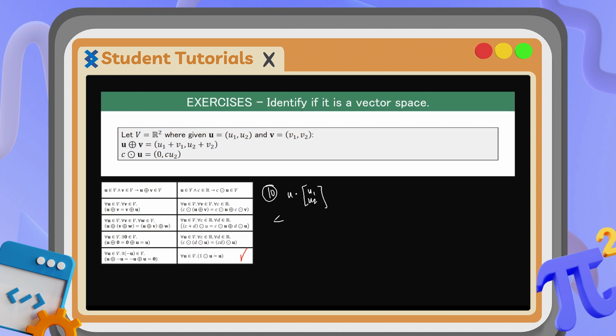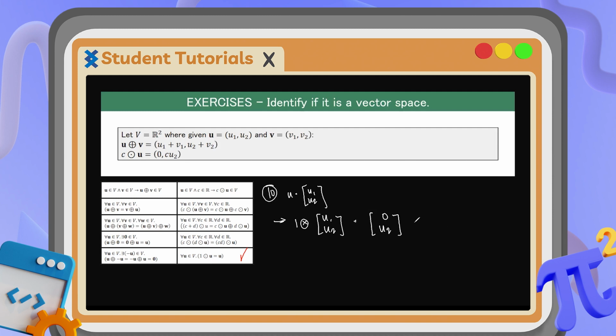So what we want to see is if 1 scalar multiplication of (u sub 1, u sub 2) should bring us back to the same answer. When we apply the scalar multiplication rule, we get 0, and then applying the rule for the second element, it is 1 times u sub 2.